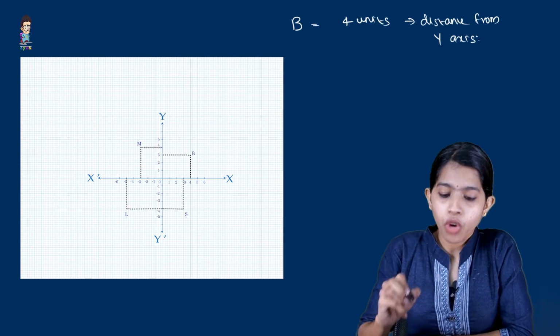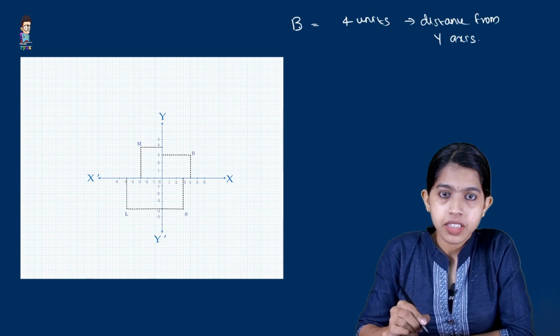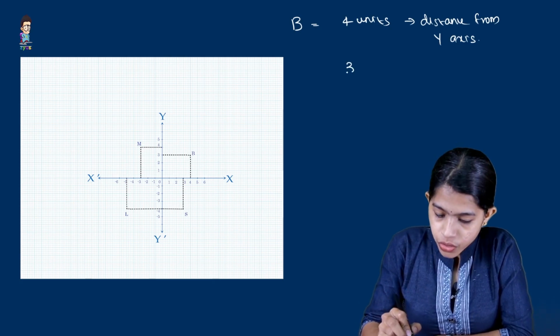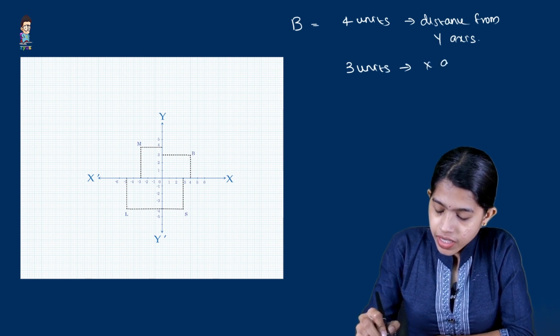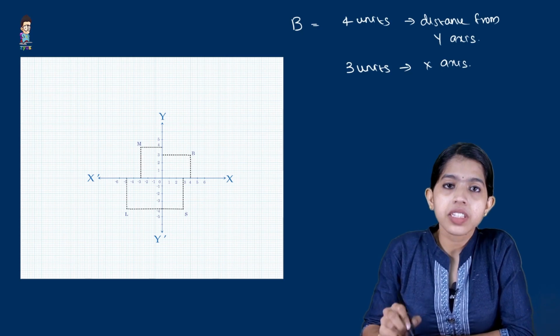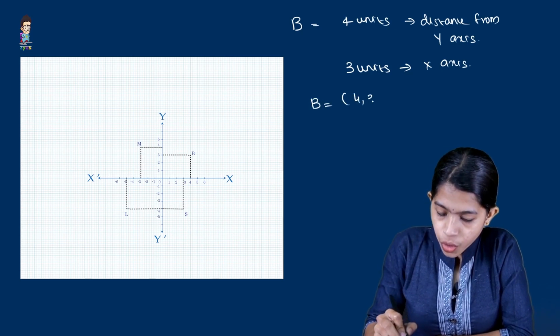And what is the distance from B to the x-axis? From the x-axis, it is 3 units. So, 3 units from the x-axis. So, we can represent the coordinates of B as B equal to (4, 3).